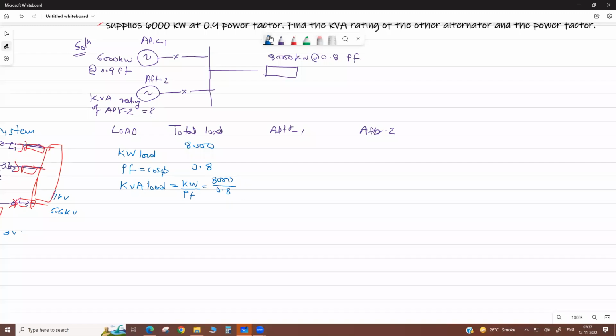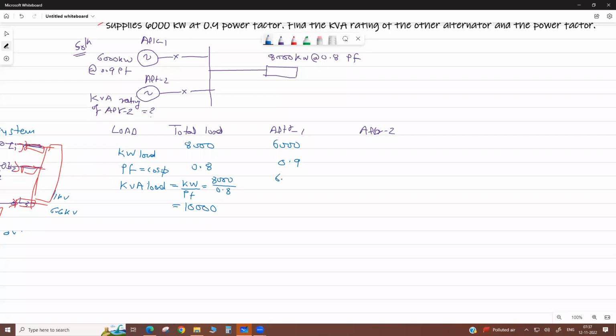So this total load comes to 10,000 kVA. Now alternator 1 has a 6,000 kilowatt share, power factor is 0.9. Now we can calculate the kVA load on alternator 1.